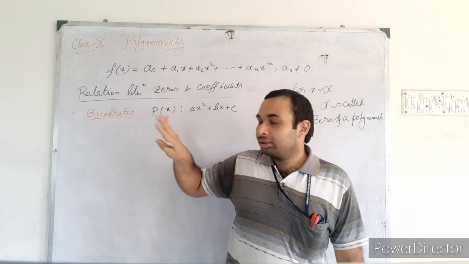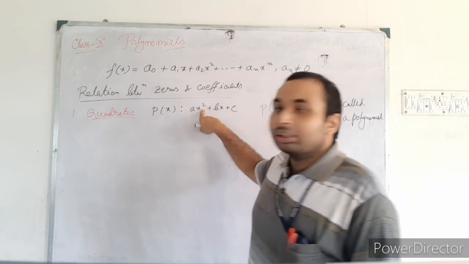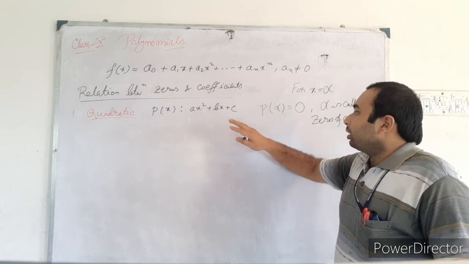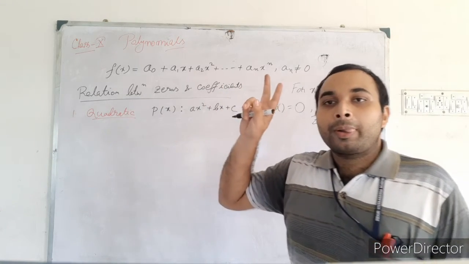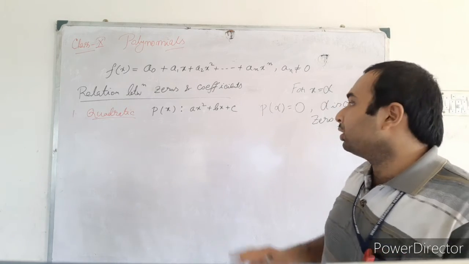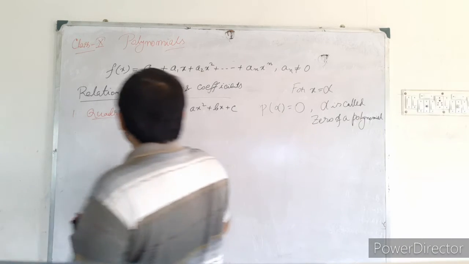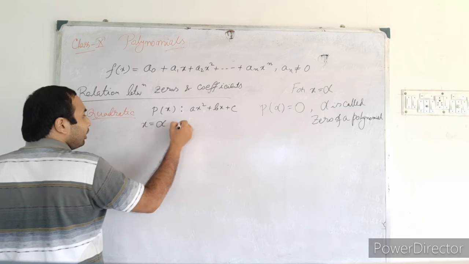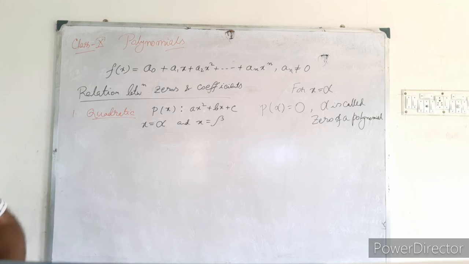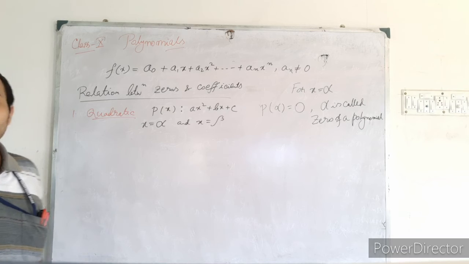Here the highest degree is 2, so obviously there will be two zeros. Suppose x equals alpha and x equals beta. Two zeros we are taking here, since the degree is 2.